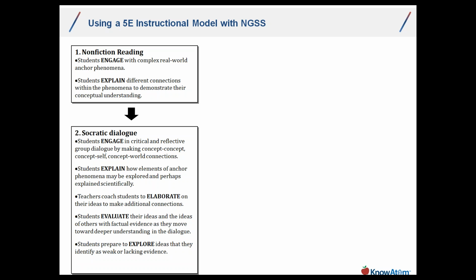And the point here is that those connections then become a point of explanation through that scientific argumentation between students, and also as teachers are helping to coach students to elaborate on their ideas. And the thing is that the role of the teacher changes over time.